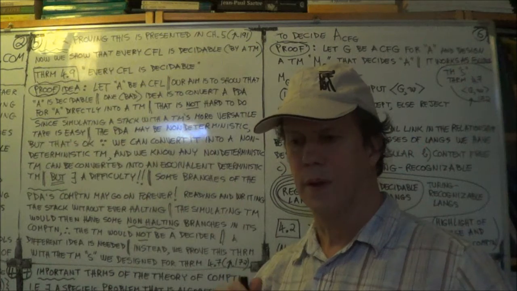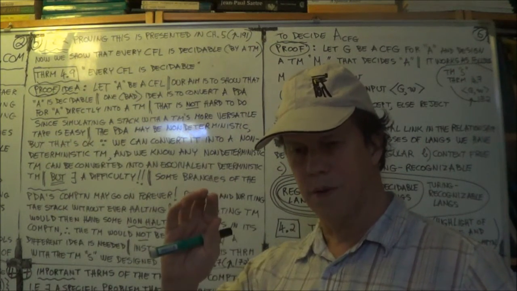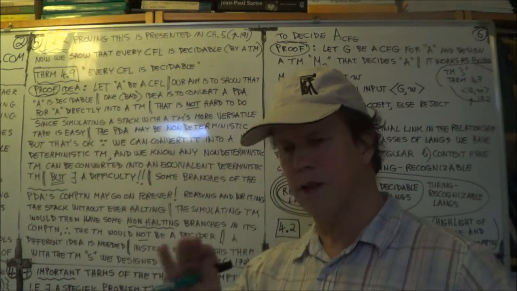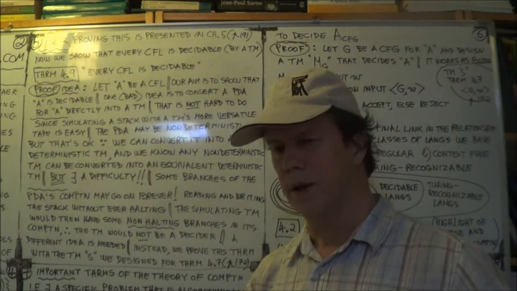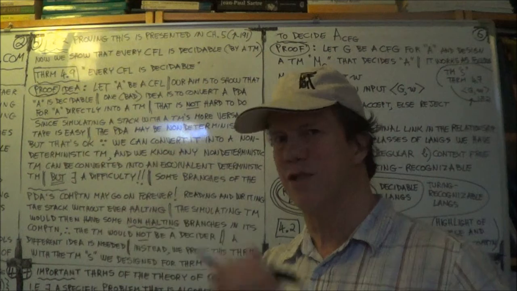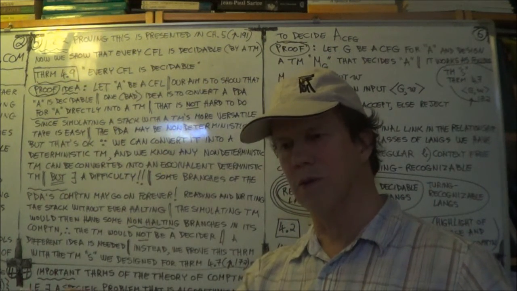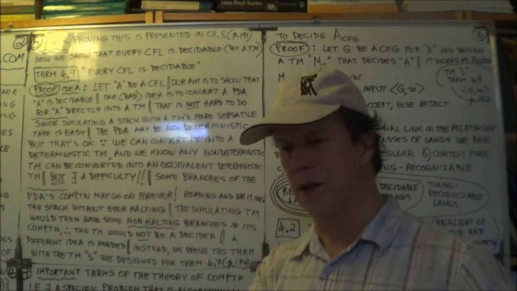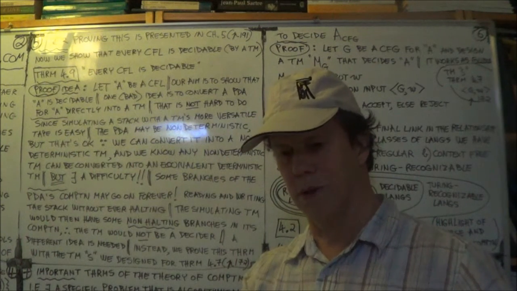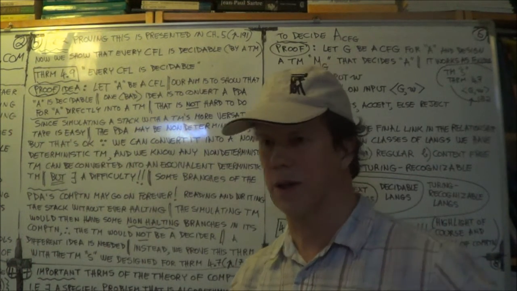A CFL is the language of a particular CFG, a context-free grammar. The grammar generates the language. By derivation, it generates all the strings that belong to that set of strings. That's what a language is.